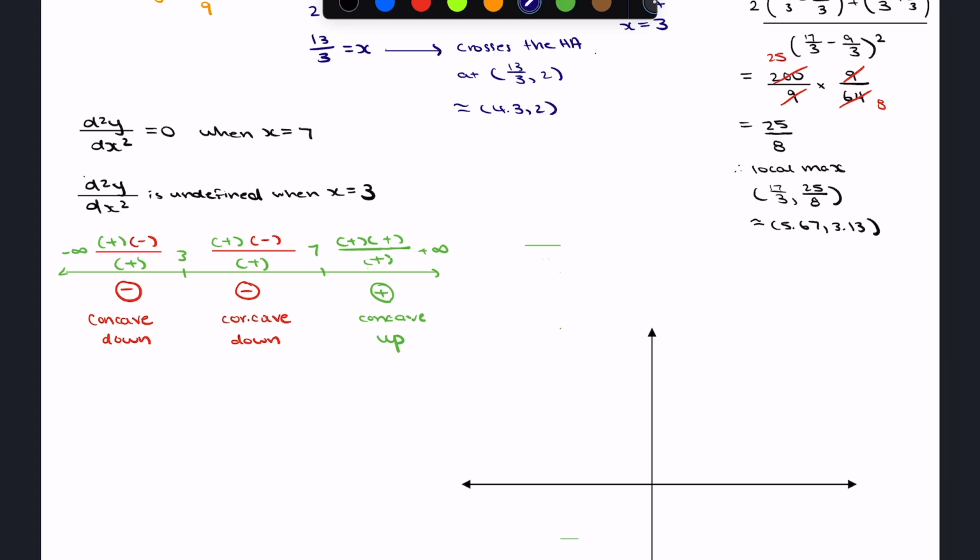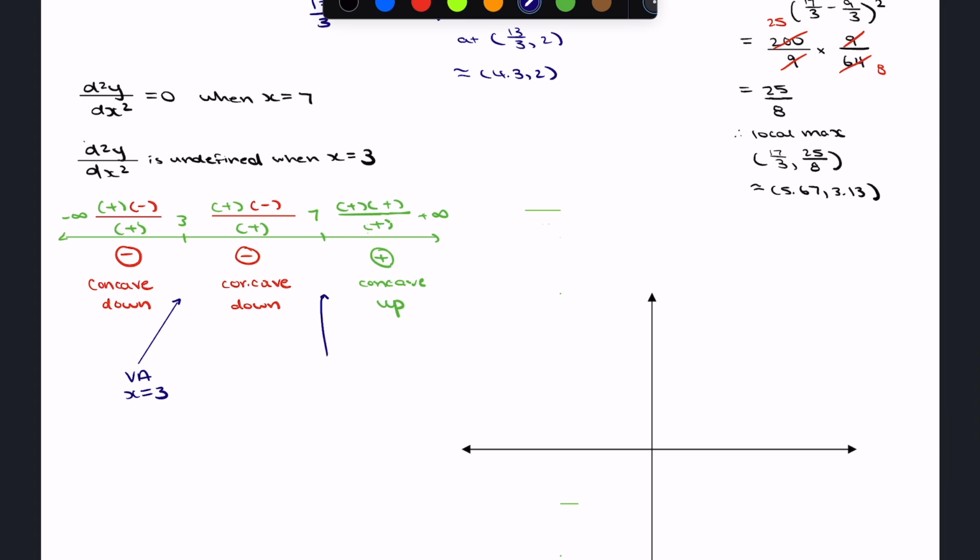And so here are a few things we can understand. We know that at x is equal to 3, that's where the vertical asymptote is. And here we see that at x is equal to 7, there will be a point of inflection. So here we know that that's at 7.